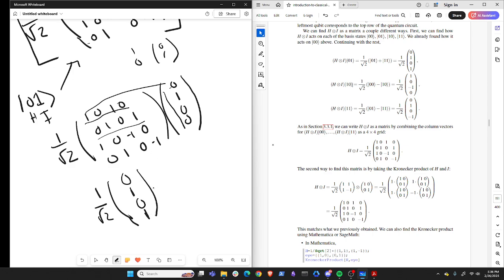So in our operation, we have transformed this into this. Our final form here is 1 over square root of 2, 0, 1, plus 1, 1.